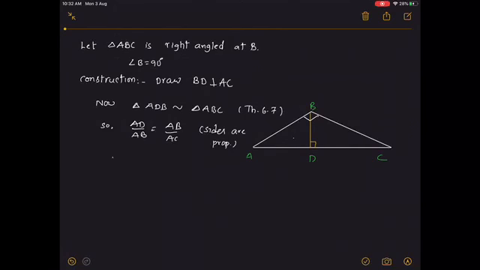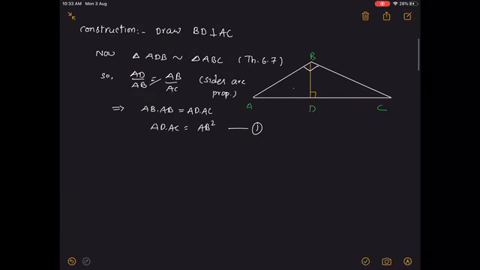AB into AB is equal to AD into AC, or AD into AC is nothing but AB square. Let this be equation 1. Now similarly you can also say that triangle BDC is similar to triangle ABC. This is also by theorem 6.7.